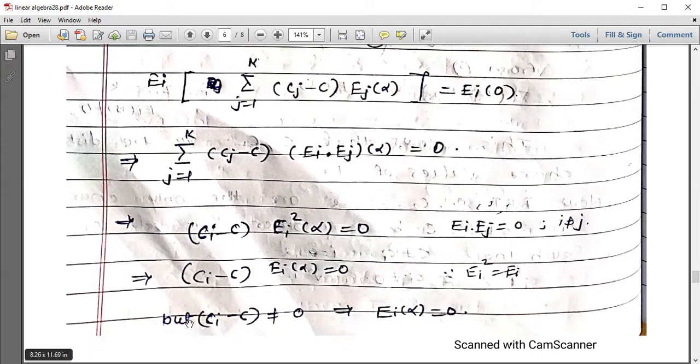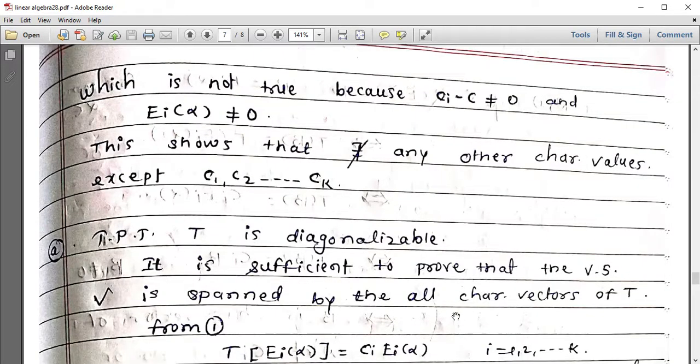But Ci minus C is not equal to 0. Why? Because C and all the Ci's from 1 to k are different characteristic values. But the product of these two terms is 0. Hence, it implies Ei of alpha is equal to 0, which is not true, because we assumed that Ei of alpha is not equal to 0.